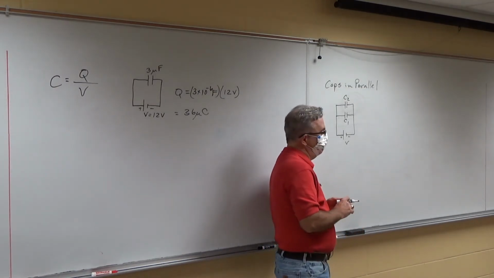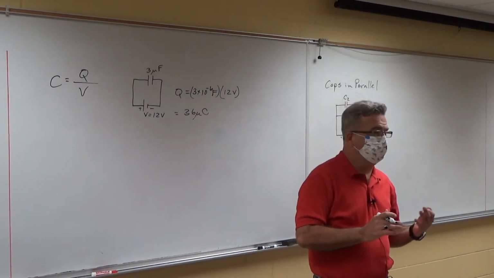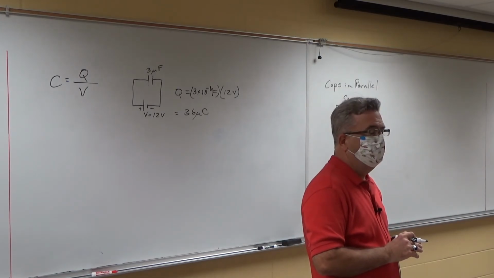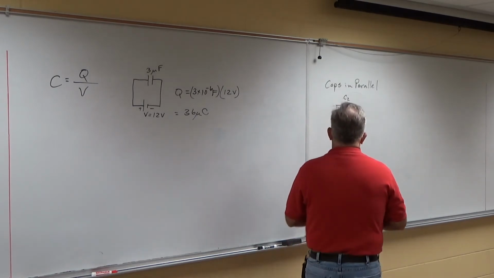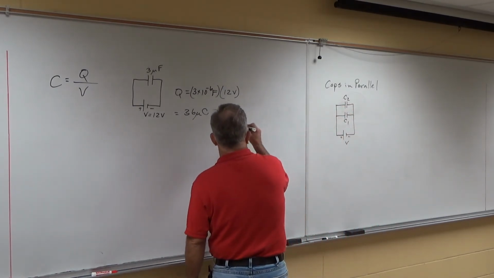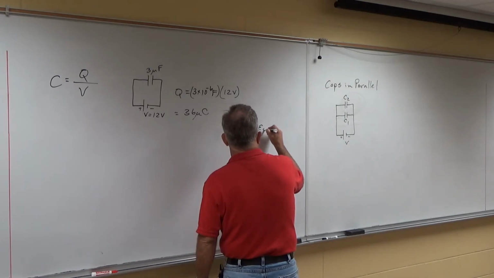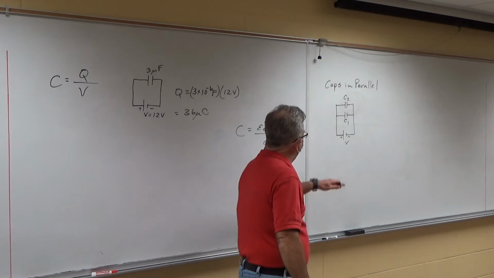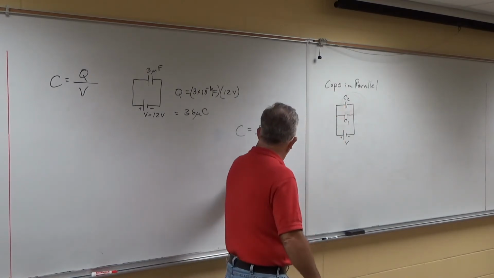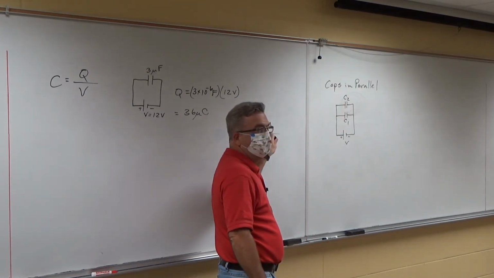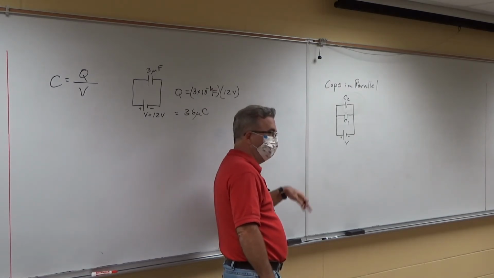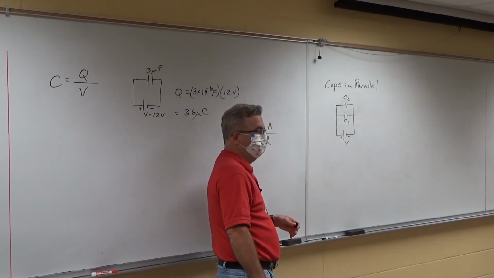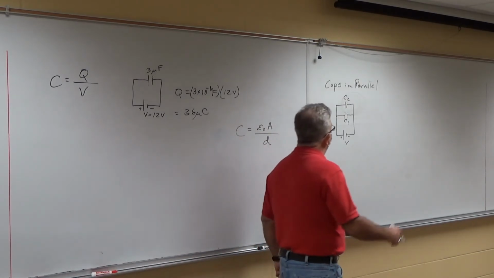Caps in parallel have equal voltage, just like resistors in parallel. And the equivalent capacitance, for the parallel plate, C is equal to epsilon naught A over little d. It's like adding area when you add two caps together in parallel, or 3 or 4 or whatever it is. You just add them up.